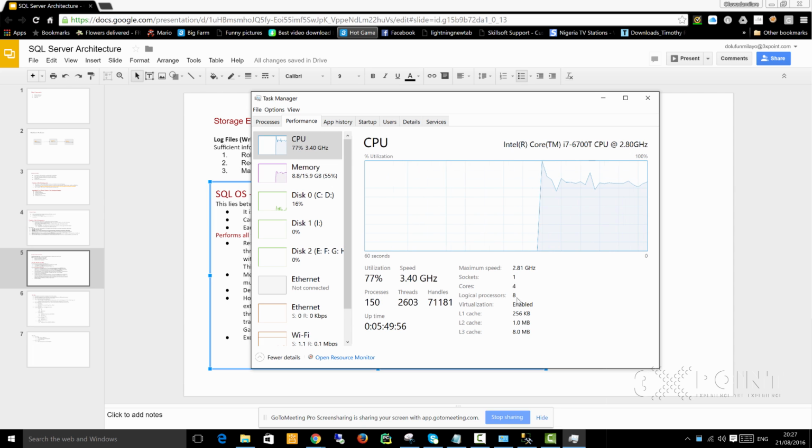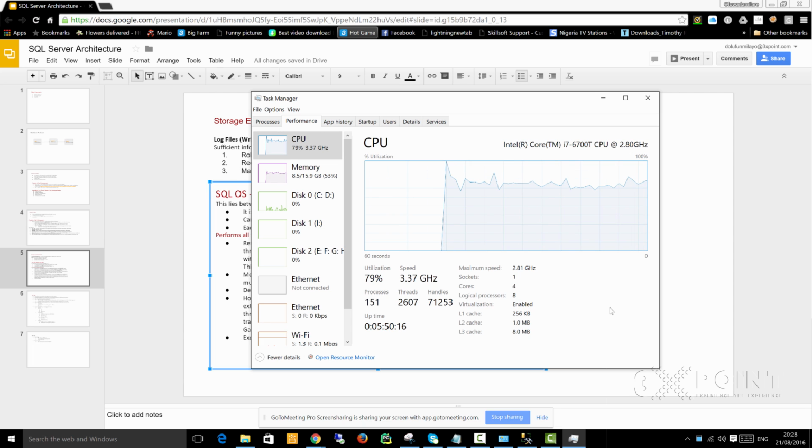In this case, each logical processor for SQL Server is a scheduler. So a scheduler and the processor is a one-to-one relationship. So if you have 16 processors, for example, you would have 16 schedulers. So that's the way it is.